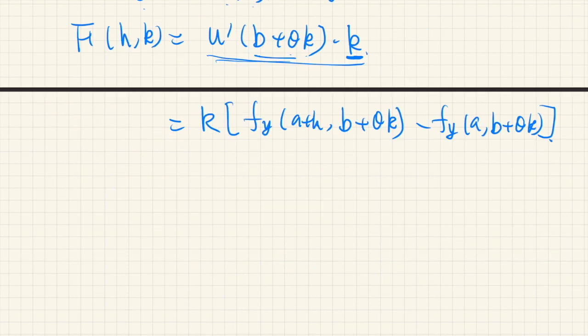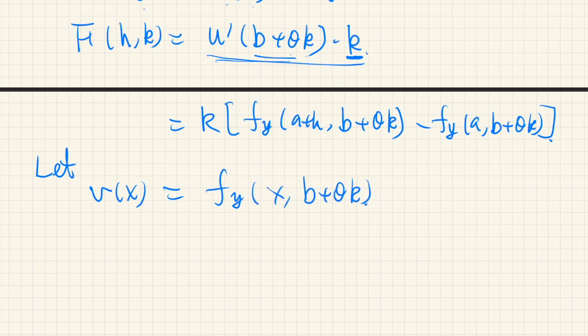And next, let's define in a similar manner v of x. So this is a univariate function of x. Let's define this as fy of x, b plus theta k.